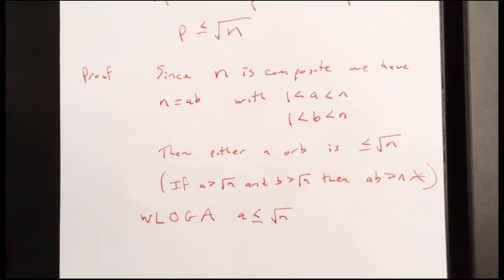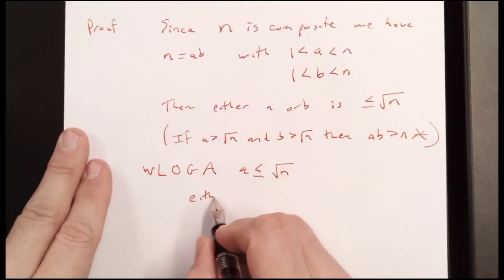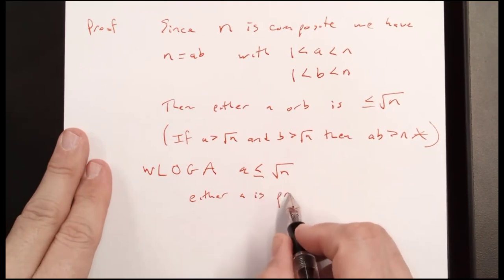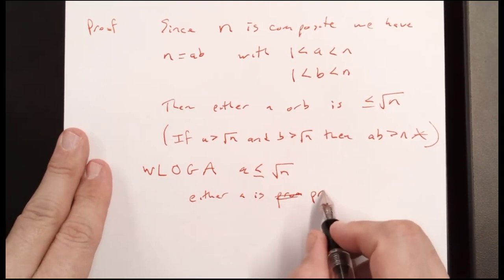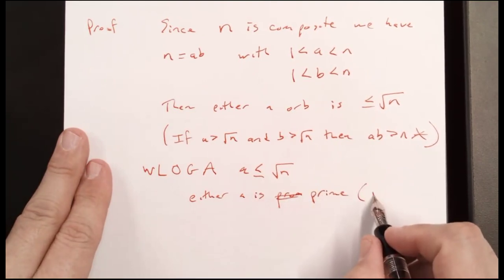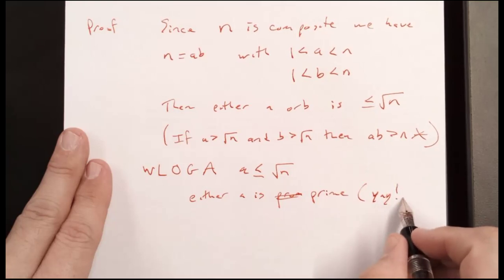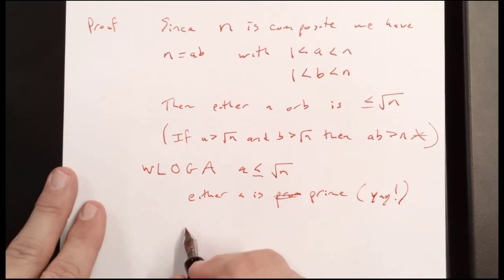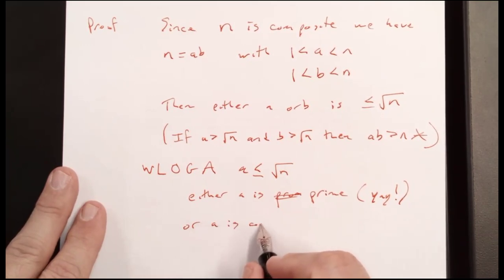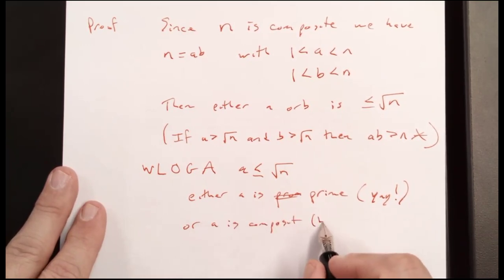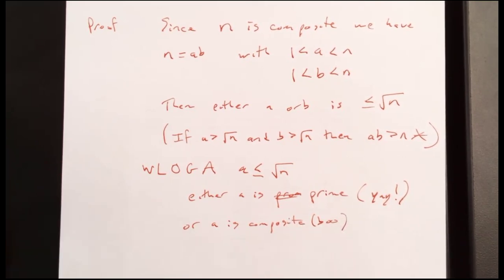One of two things is true. Either A is prime or A is composite. But what do I do if A is composite?